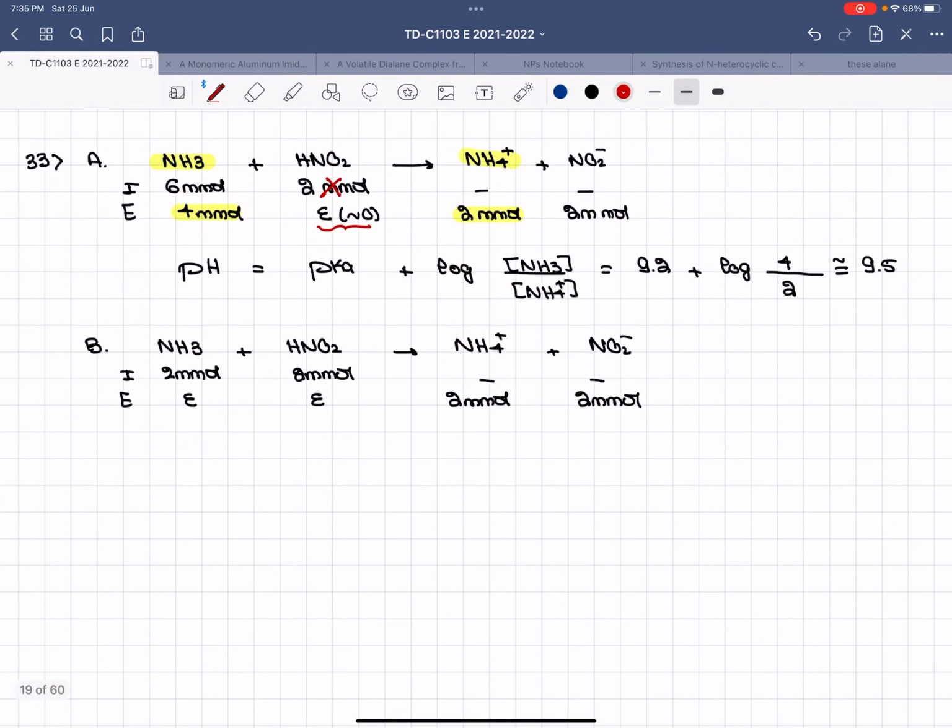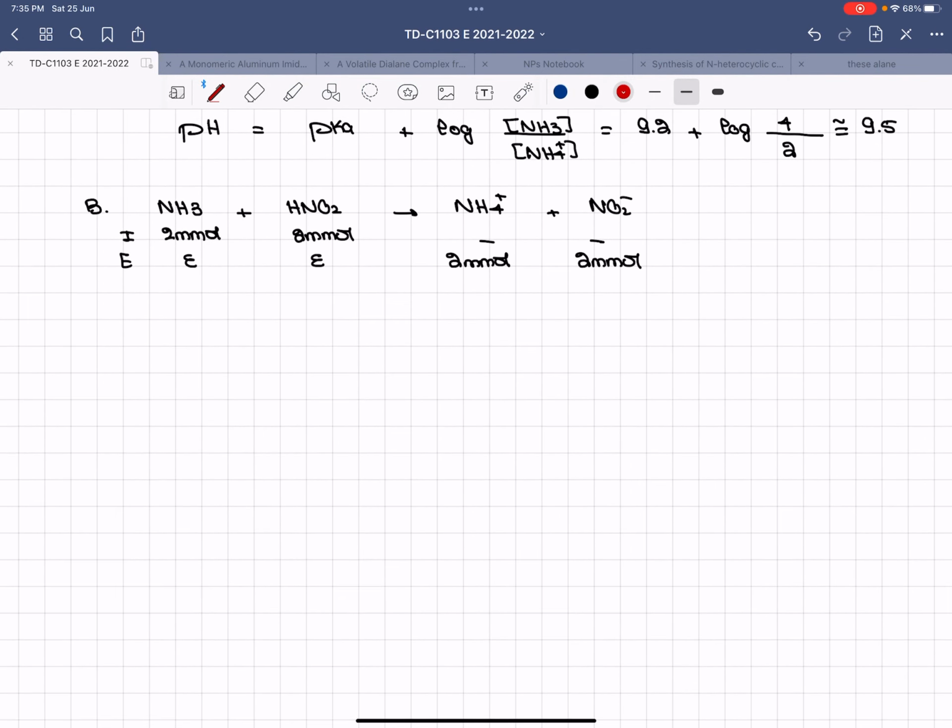We can simply say, since we are still within the acceptable range, that the pH is equal to half of the pKa of the first one plus the pKa of the second. pKa of NH3, which is 9.2, pKa of HNO2, which is 3.2, divided by 2, you get 6.2.